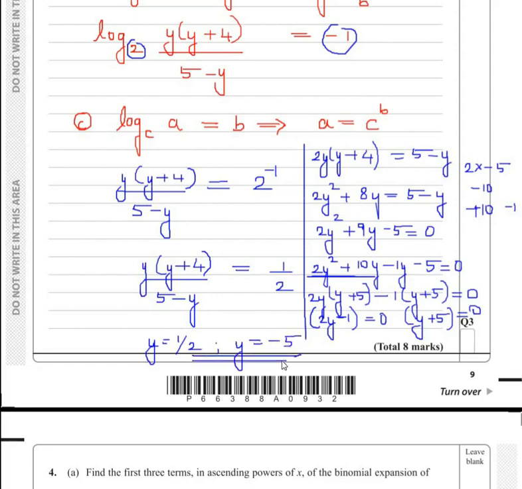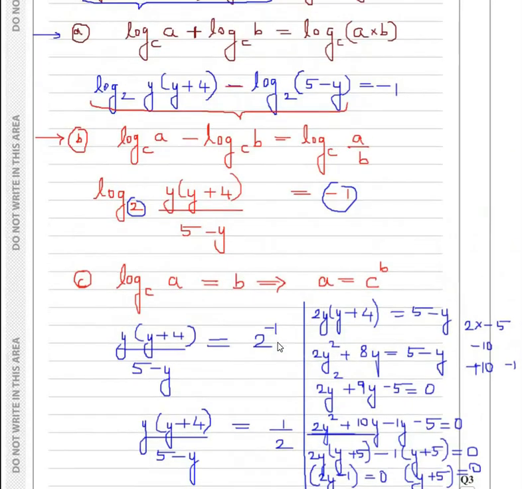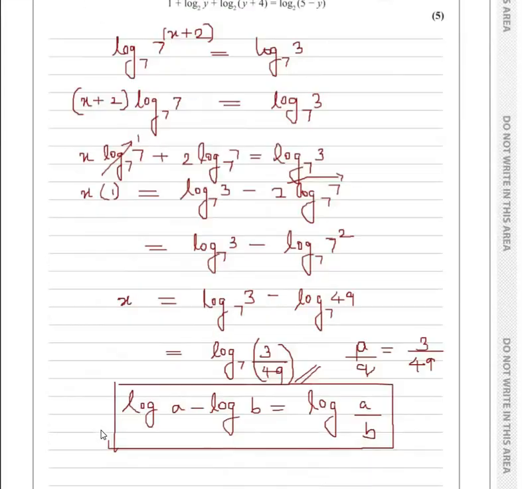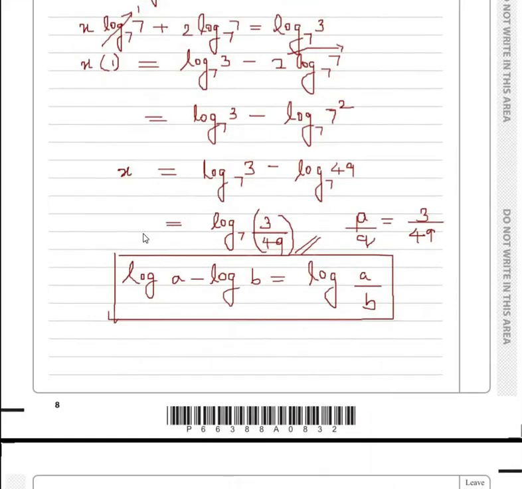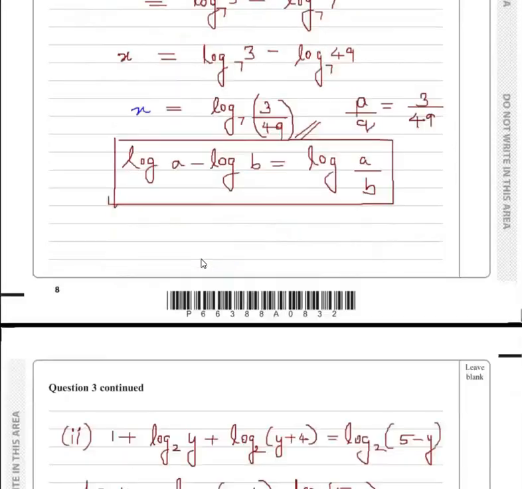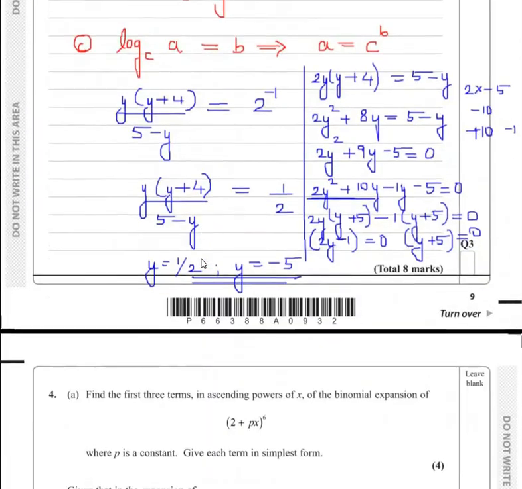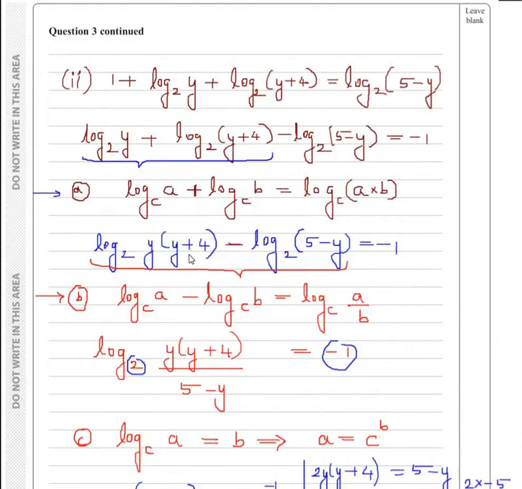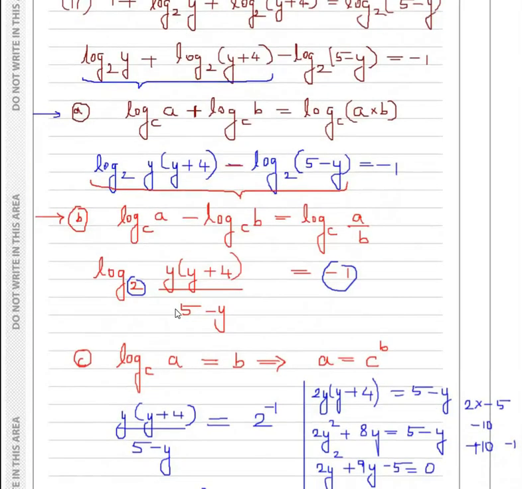These are the two values of y which we got in part B. So for part A we have got the x value in the form log a to the base 7, and for part B we have got the values of y, solving and using the laws of logarithms.